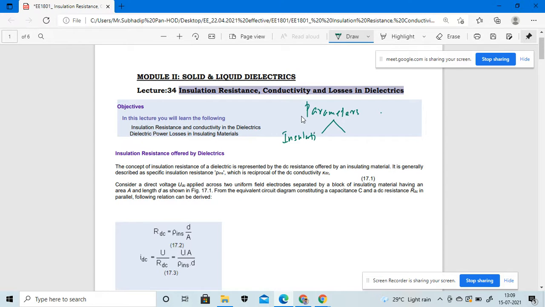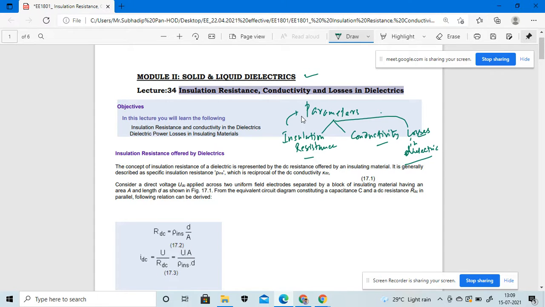The second one is the conductivity, and the third one is the losses in the dielectrics, right? So these are the different parameters for describing solid and liquid dielectrics.